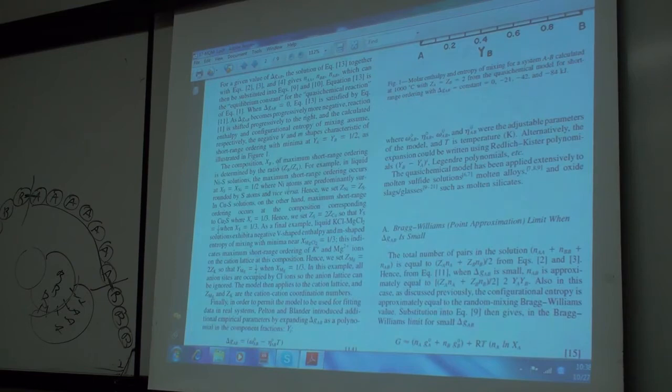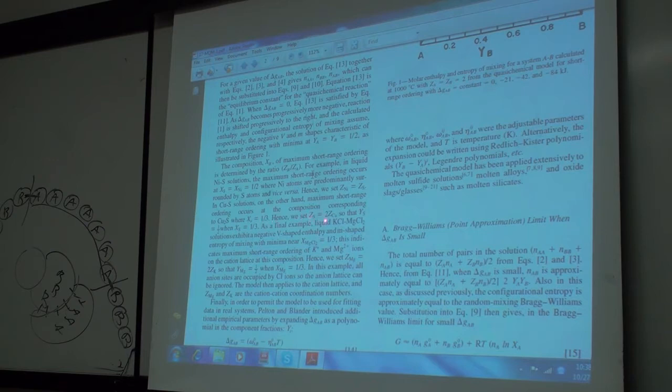The composition of maximum short-range ordering is determined by the ratio ZB over ZA. So if ZB equals ZA, it's 50%. For example, in a liquid nickel-sulfur solution, the maximum short-range ordering occurs at 50% X sulfur, where nickel atoms are predominantly surrounded by sulfur and vice versa, hence we said Z nickel equals Z sulfur. In copper-sulfur solutions, on the other hand, the maximum ordering occurs at the composition corresponding to Cu2S, where X sulfur is a third.